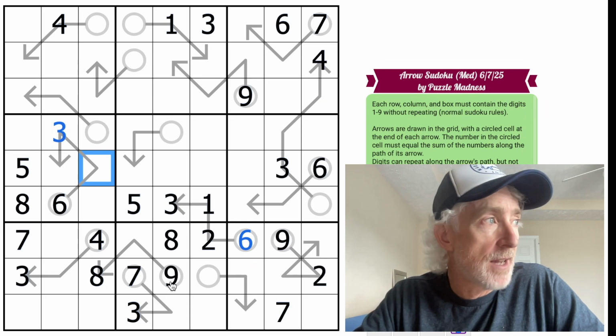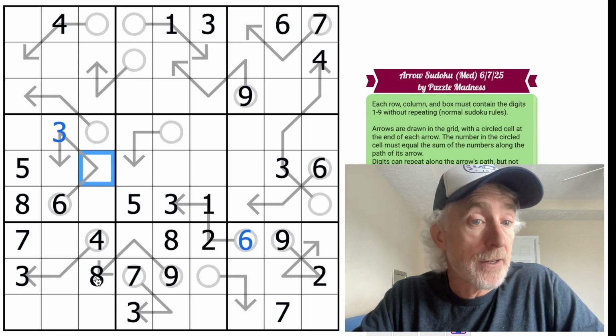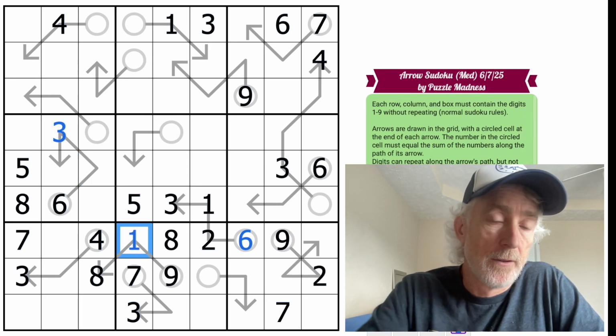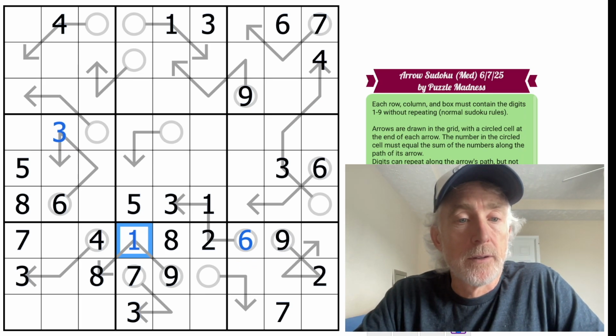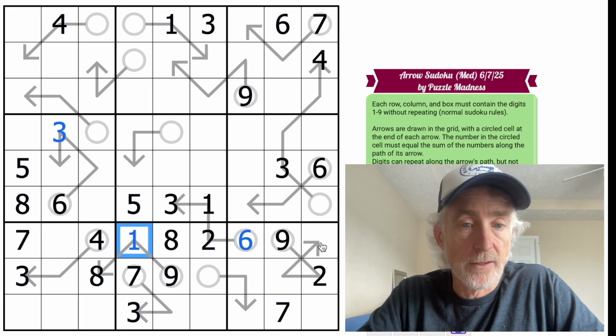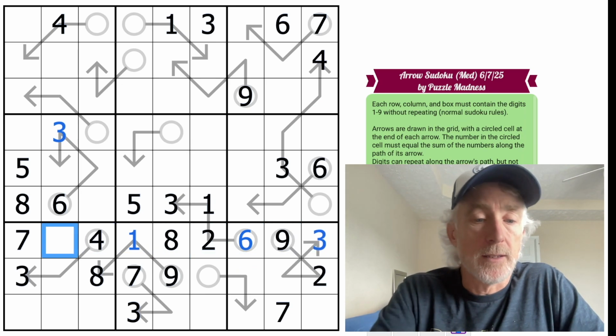This one here, this 9, is a given sum. And there's an 8 on the arrow. So the only option here for this cell is a 1. That leaves a pair in the row, which is going to be a 3. So 3 sees this cell. So this must be a 3 just by regular Sudoku. And this must be a 5.